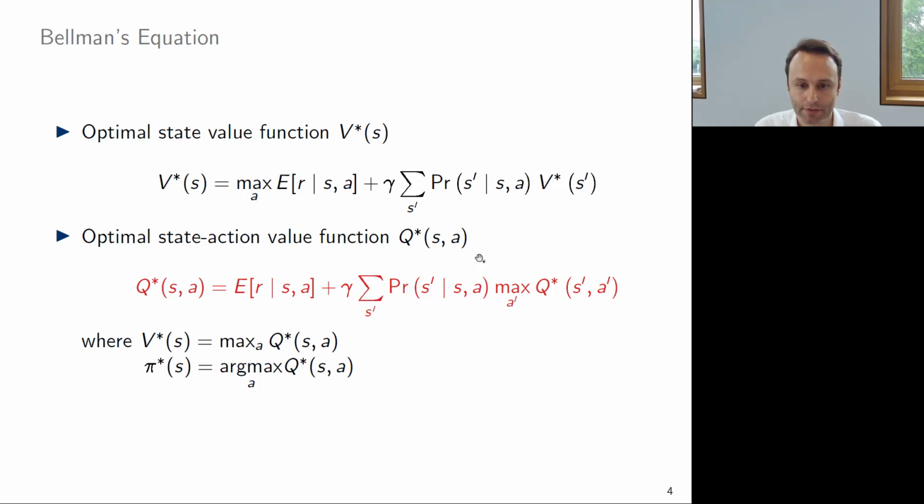The equivalence of these two is given because the maximum of the quality function gives us the value function of the state. The best policy value is nothing else than choosing the best Q function. By choosing the right action, we get the best Q function.